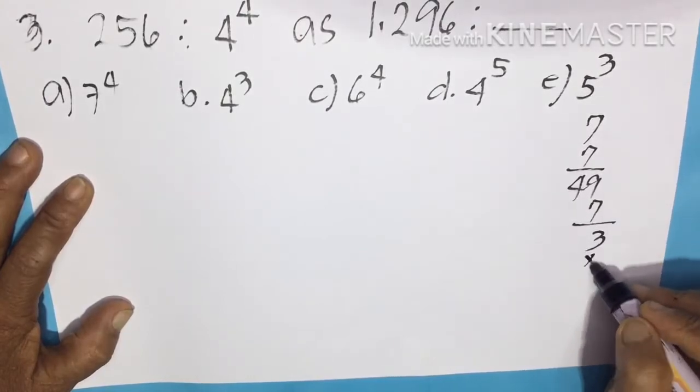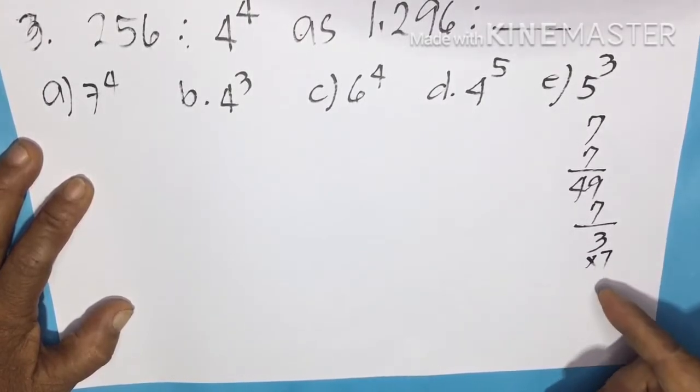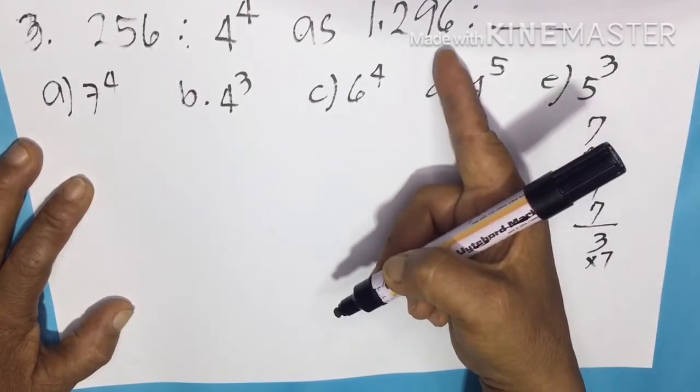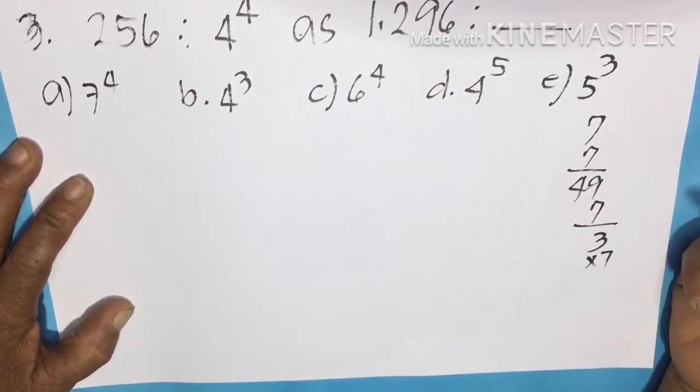And if we multiply another 7, that is only 21, which you cannot get the last digit 6 from 1296. So it's not the answer.